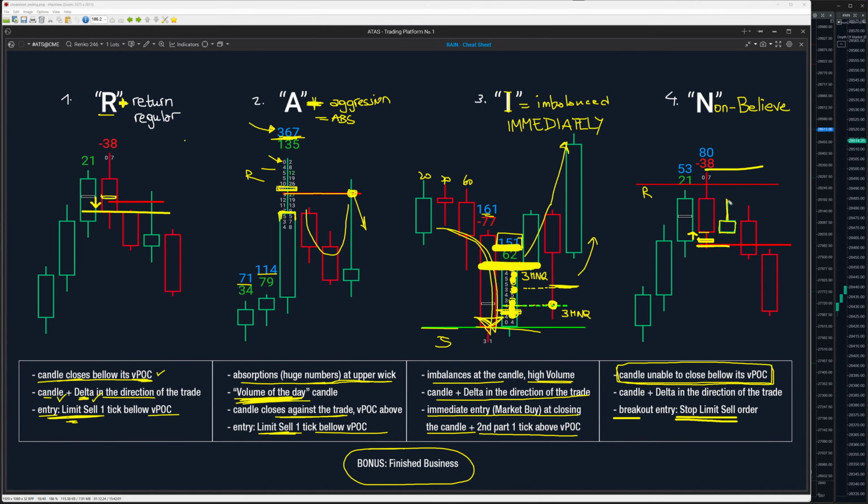It's indecision, non-belief, I don't know. And you wait for the breakout, 1 tick below the VPOC. You want the candle to break through 1 tick below the VPOC and you enter here. You place the stop loss here and you trade the usual 2 to 1, or whatever your strategy is. So these are the 4 setups.